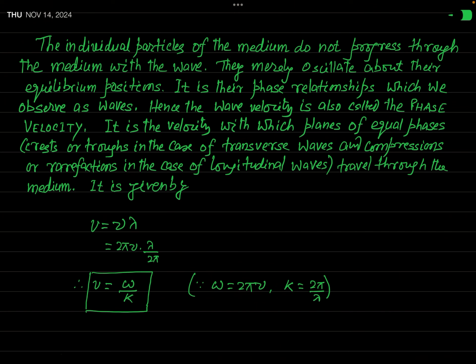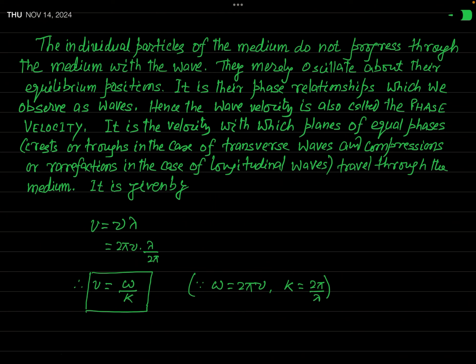Therefore, the wave velocity, which is also called the phase velocity, is the velocity with which planes of equal phase, that is crests or troughs in case of a transverse wave, and compression and rarefaction in case of a longitudinal wave, travel through the medium.